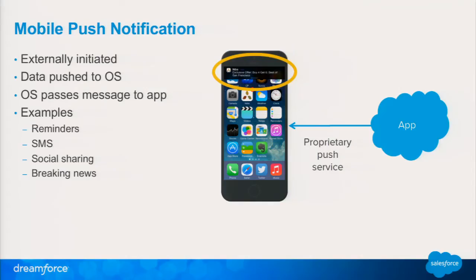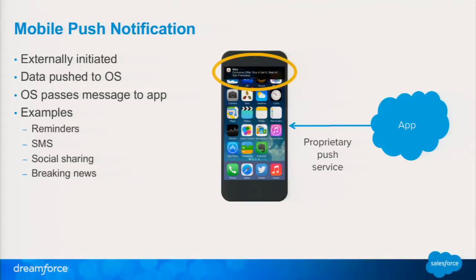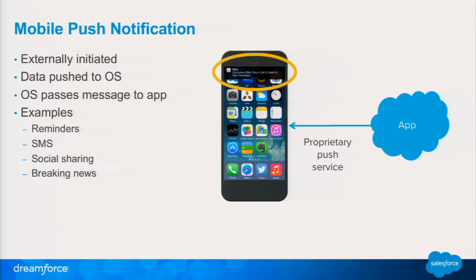The data, the message that you push to someone's device, can actually come in even if the application is not running. That's what I try to represent on this screen here. The application may be in the foreground, in the background, or not running at all, but you still want the message.